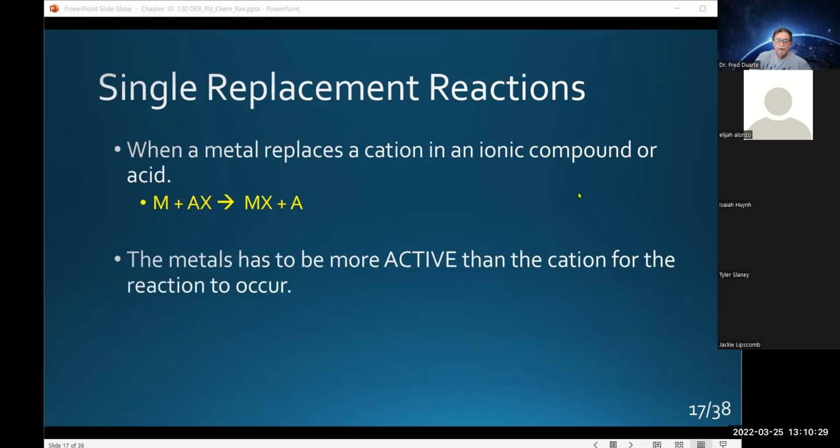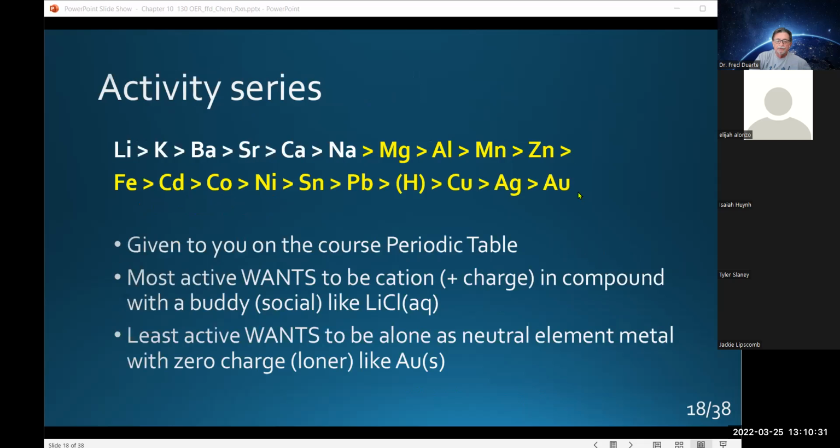All right. So let's get to know about the activity series. I talked about it. The ones in white are the ones that are very reactive. They react with water. So for these metals, I'm going to very generically call them M prime.